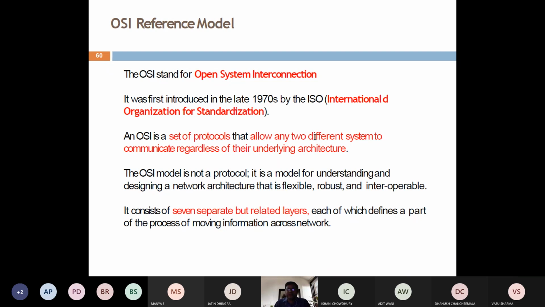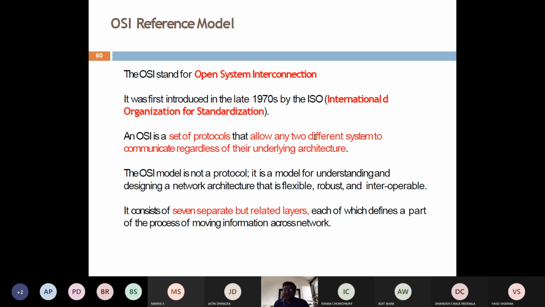So that's why ISO is the organization which is called the International Organization for Standardization. ISO developed one of the mechanisms so that everybody will follow it, introduced in the late 1970s.